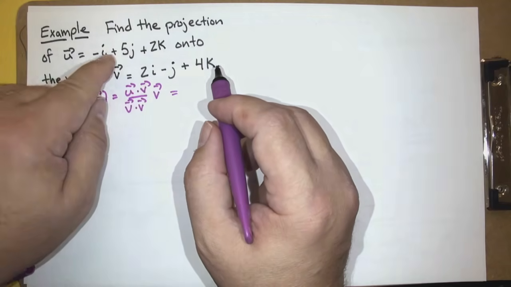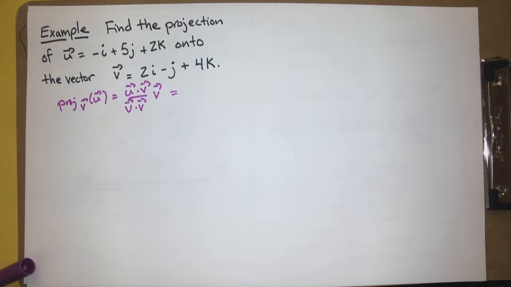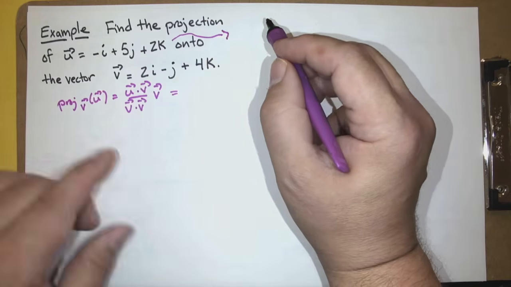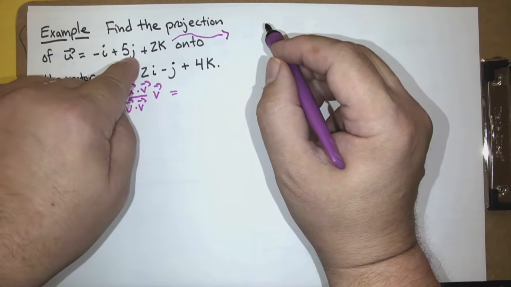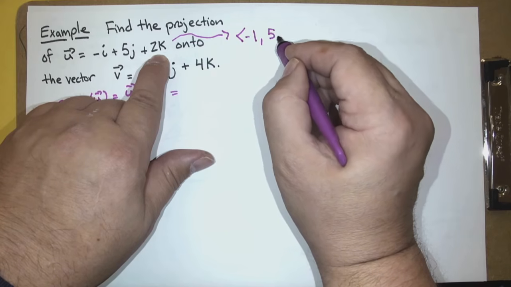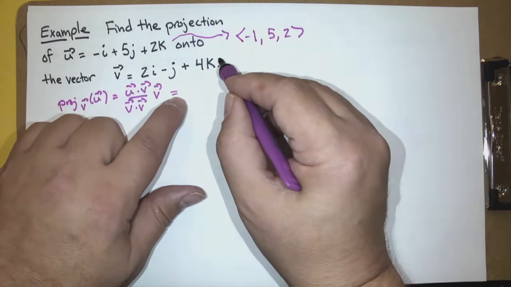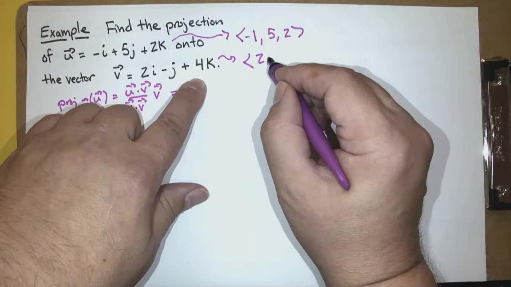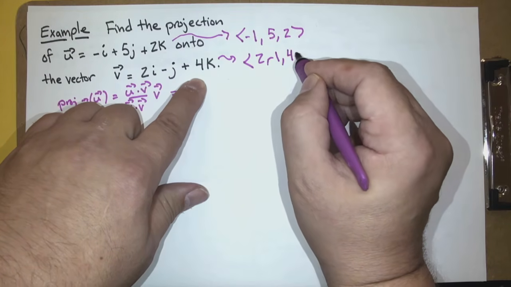Now, notice this is slightly different notation. This is your ijk notation, not component. You can work in either one, but if you like component, what's another way to write minus i plus 5j plus 2k? Minus 1, 5, 2. This one, 2i minus j plus 4k, is 2, minus 1, 4.